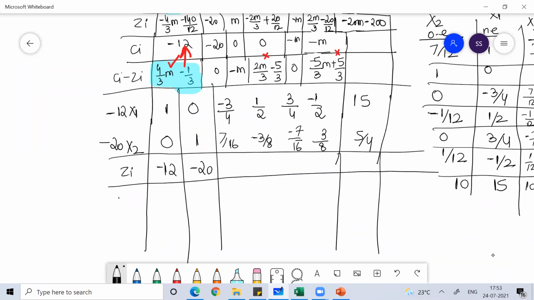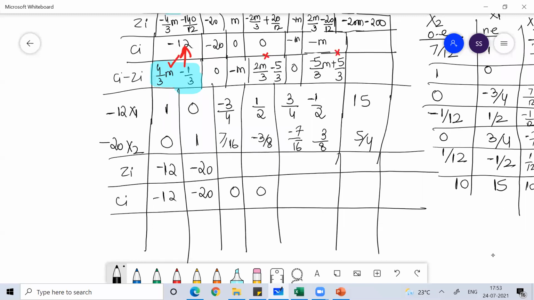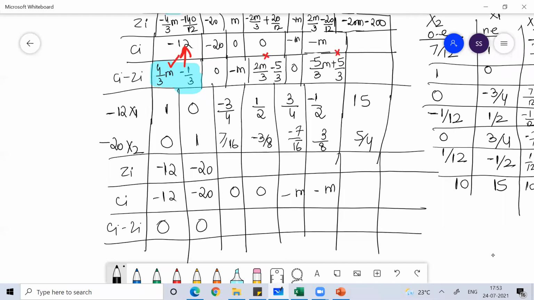You can see this Cj value was minus 12, minus 20. This will be 0. This is minus M. These values don't matter. So Cj minus Zj, if you see, this will be 0, 0, and all will be negative. You can spend time in calculation, but you will get negative values only.